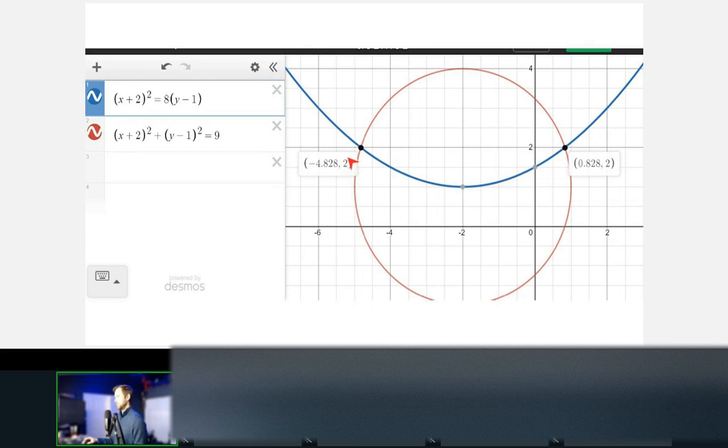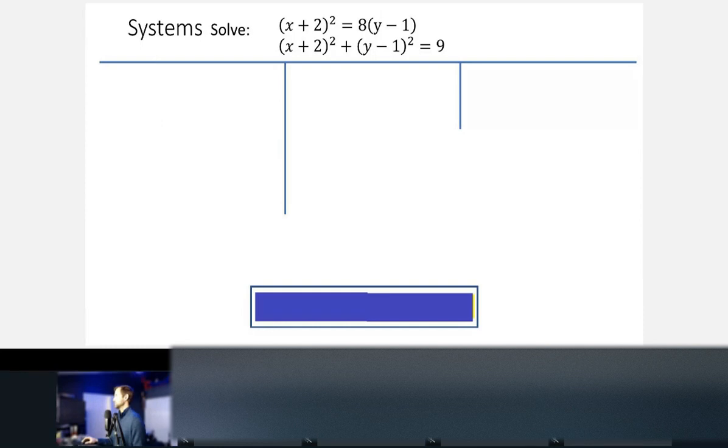When you graph it, if it gives you a nice number, it really cuts the problem in half, because if you know the y value for the answers, what do you just have to do? Yeah, you just plug in that y value into one of your equations and solve. So graphing it can reduce the problem by half. If you know the y value is 2 from the graph, just plug it into one of your equations.